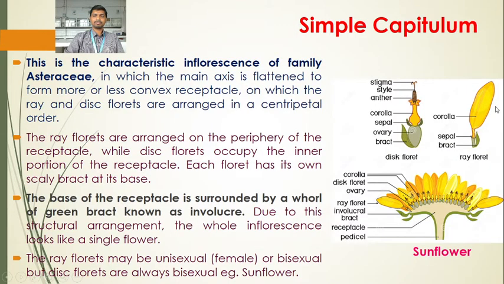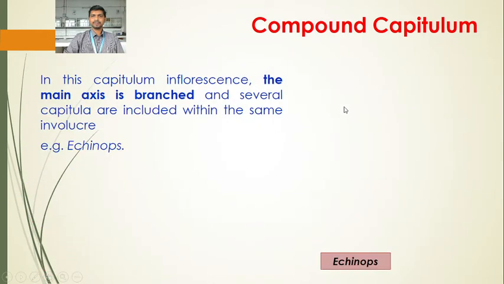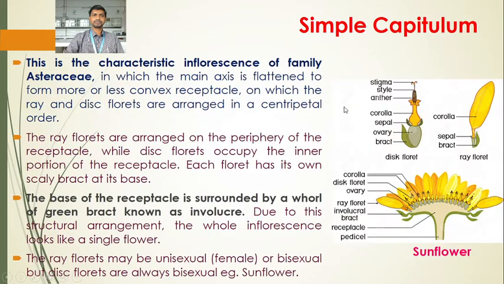Okay, the first type is the simple capitulum, like the umbel inflorescence. Here also there are two types of head or capitulum, simple capitulum and compound capitulum. Okay, so first we are going to study the simple capitulum. This is the characteristic inflorescence of family Asteraceae.